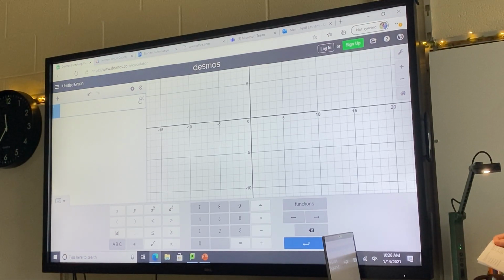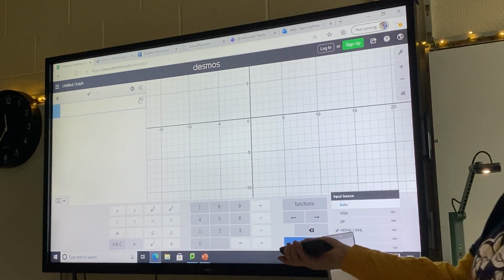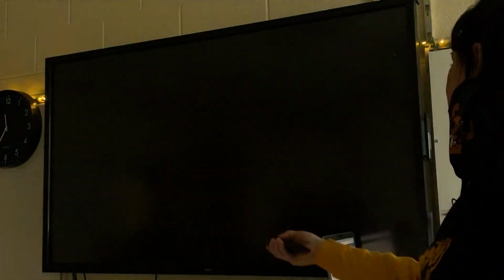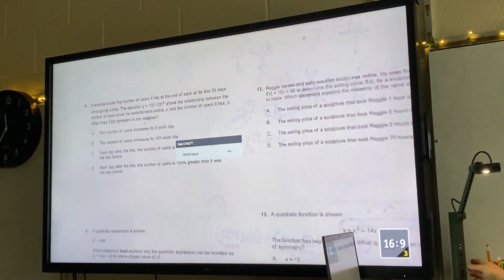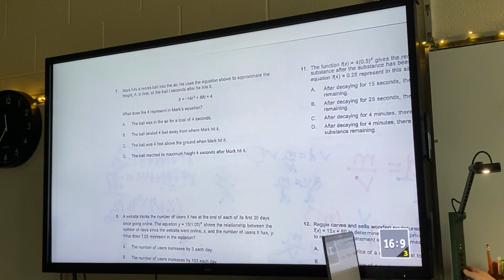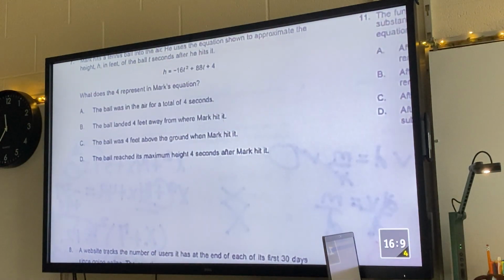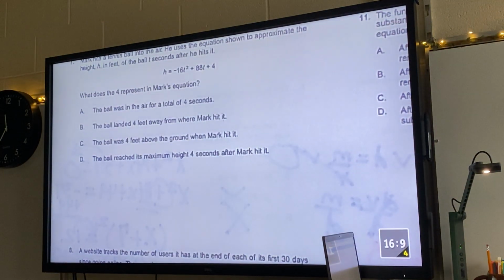Let's look at number 7. Now, this one's kind of a thinking question. For number 7, it says Mark hits a tennis ball in the air.